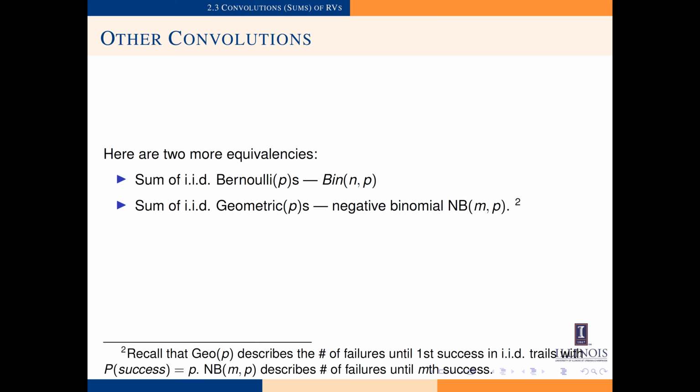And the negative binomial describes the number of failures not until the first success, but until the m-th success. So how many zeros do I need to get until I get m ones? So you can see that here, if you sum up m of the geometric random variables with parameter p, you get the negative binomial with parameters m and p.